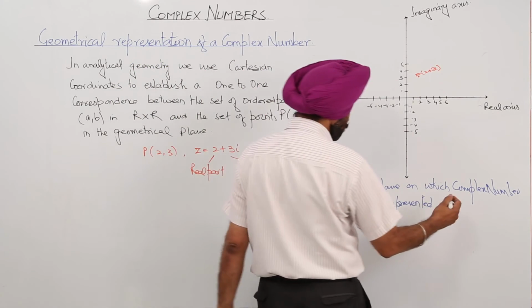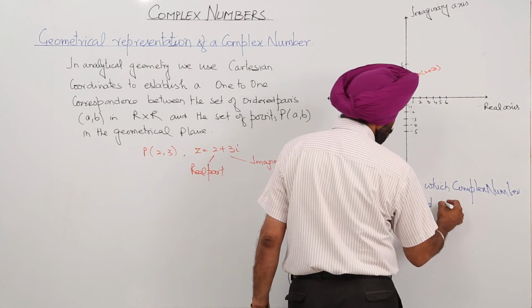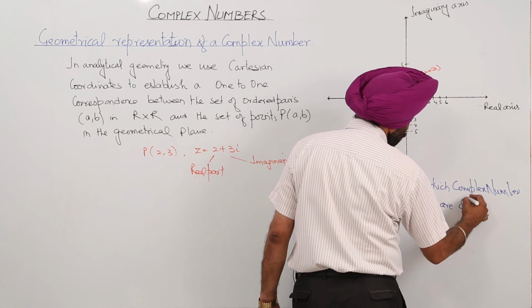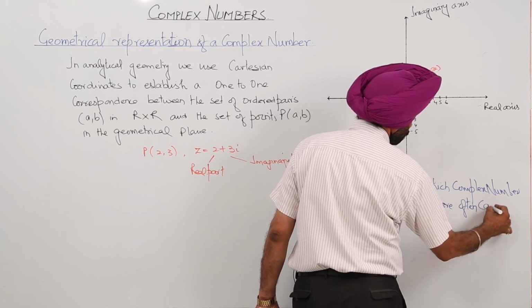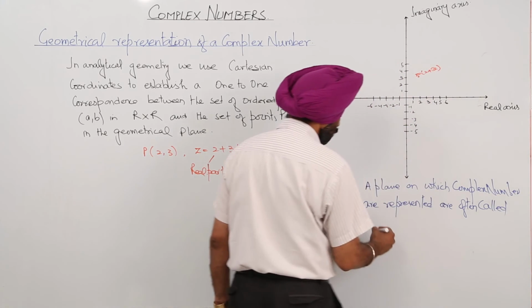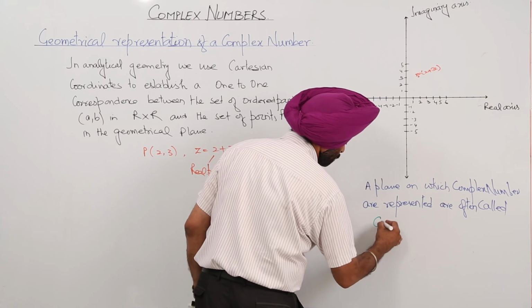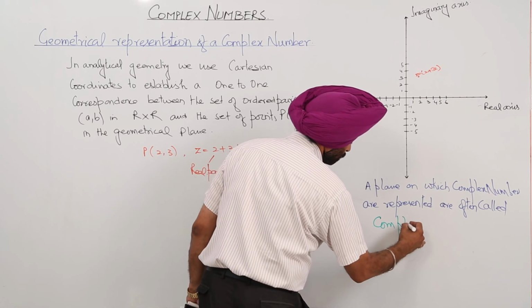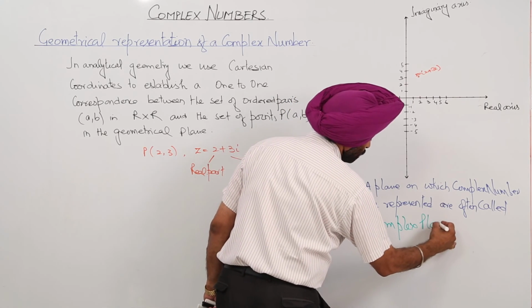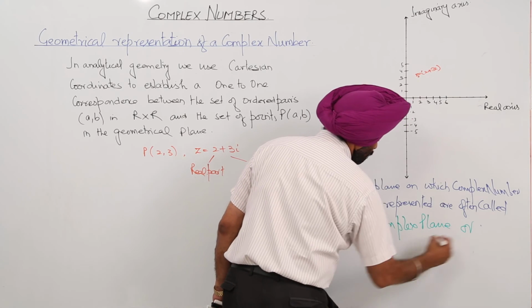A plane on which complex numbers are represented is often called, sometimes, the complex plane or Argand plane.